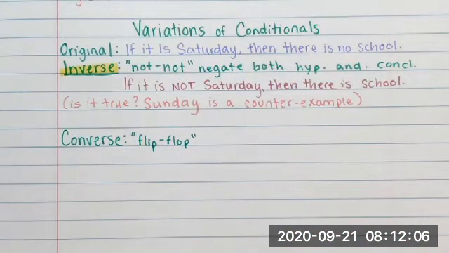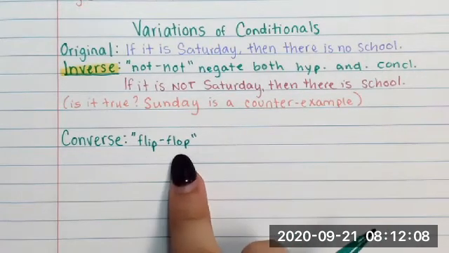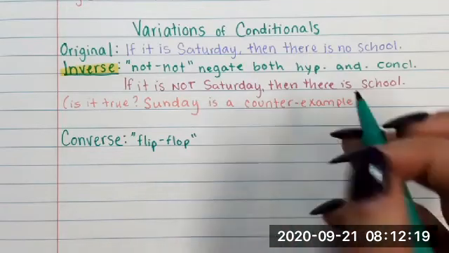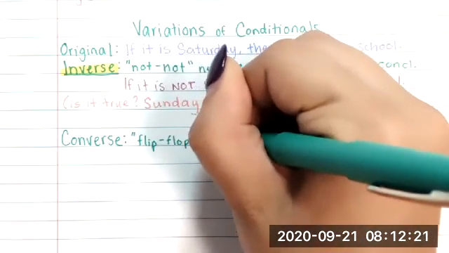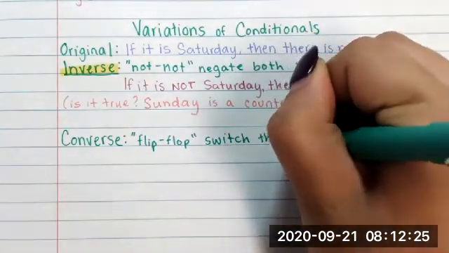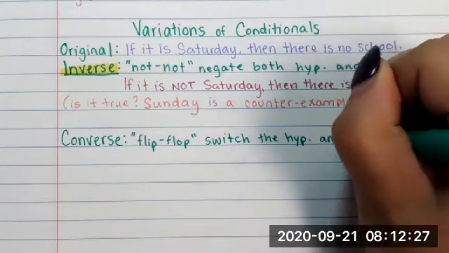I have a theme going here. Another way to think about the converse is if you were to take your right shoe and put it on your left foot, and your left shoe and put it on your right foot. This is where you switch the hypothesis and conclusion.